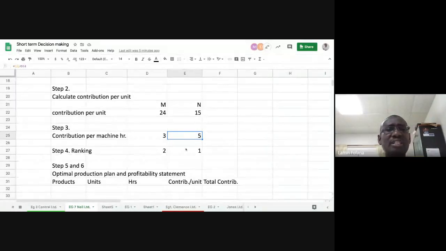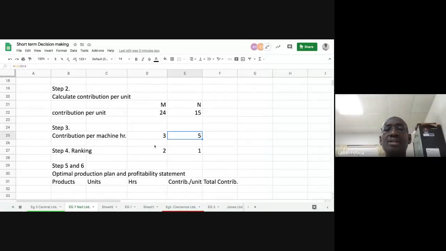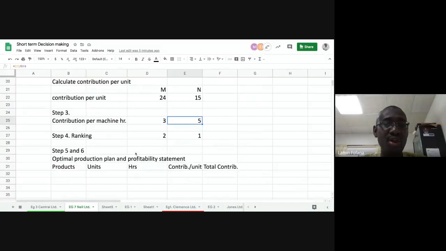Do you understand the logic behind this? Yes, Mr. Fofana. Okay, so this is the reason why we do our ranking based on the contribution per scarce resource. Now that we all agree we have to produce N first, we come here and say product N.